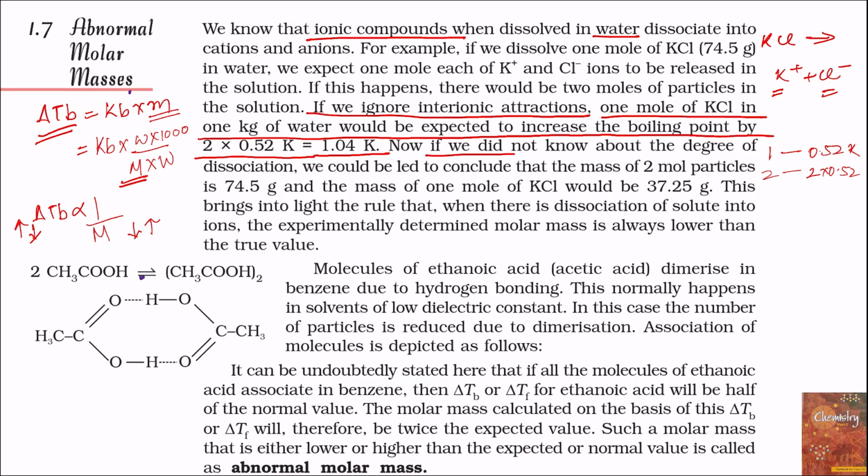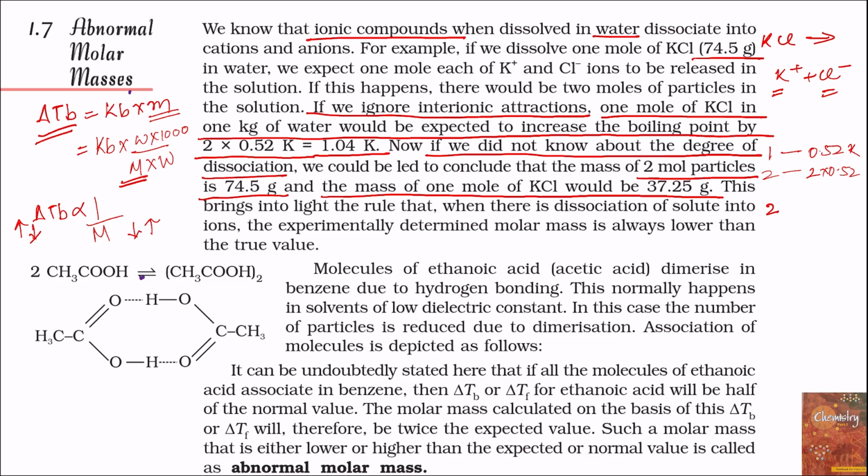Now, if we did not know about the degree of dissociation, we could be led to conclude that the mass of 2 mole particles is 74.5 gram and the mass of 1 mole of KCl would be 37.25 gram. See, the molar mass of KCl is 74.5 gram. Now, since KCl is dissociating to form 2 moles of particles, we would have assumed that 2 moles of particles are weighing 74.5 gram.